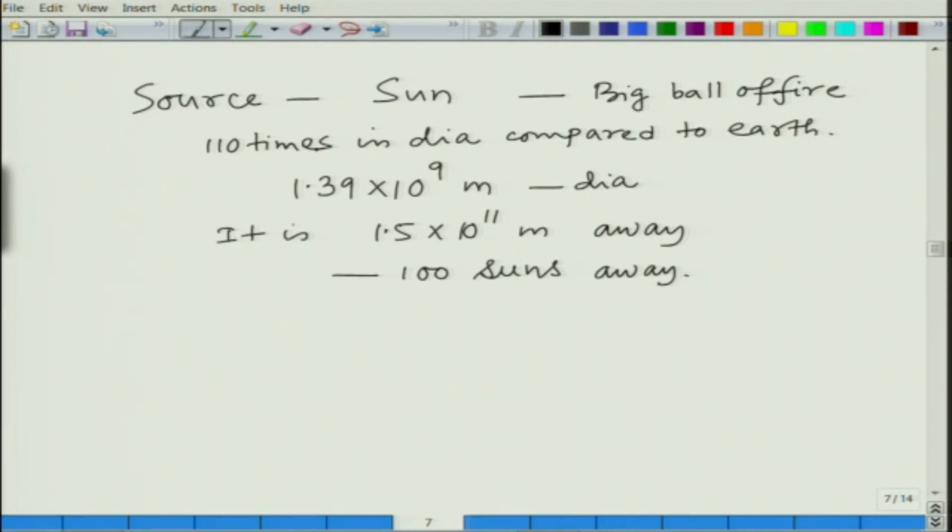I always stress on the intuition development. When you are learning, you should focus on intuition development, because all these numbers, 1.39 into 10 to the power 9, you are not going to remember after 2 years. You do not need to, you can look them up. But the intuition that you develop is irreplaceable.